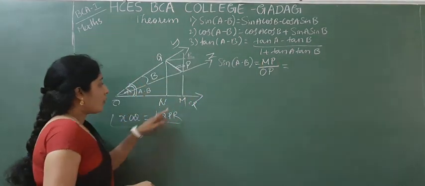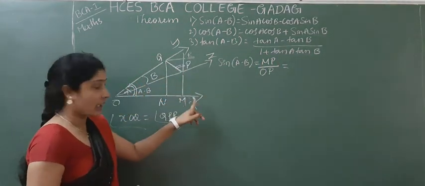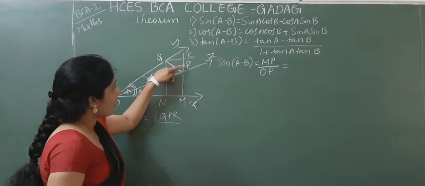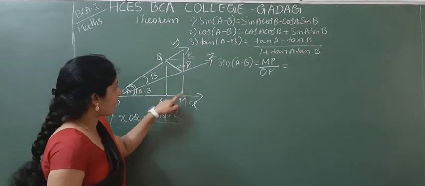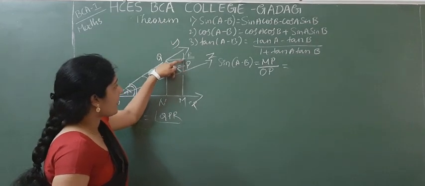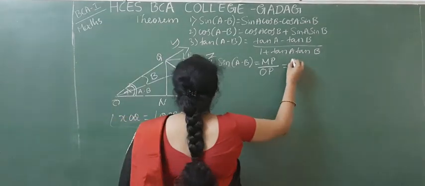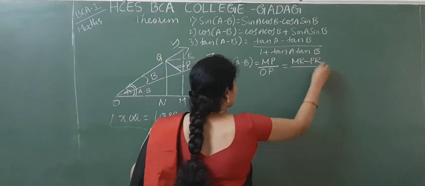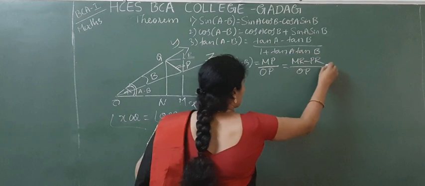Now, what is this MP? I can write MP as MR minus PR. Am I right? MP is nothing but MR minus PR. So this is MR minus PR divided by OP.